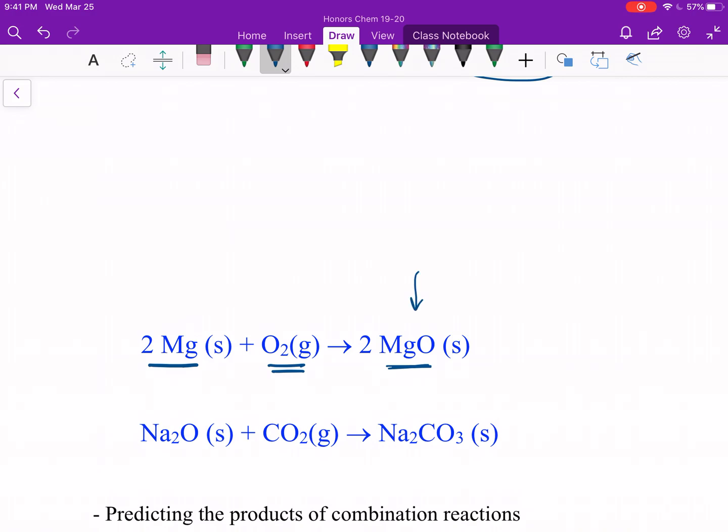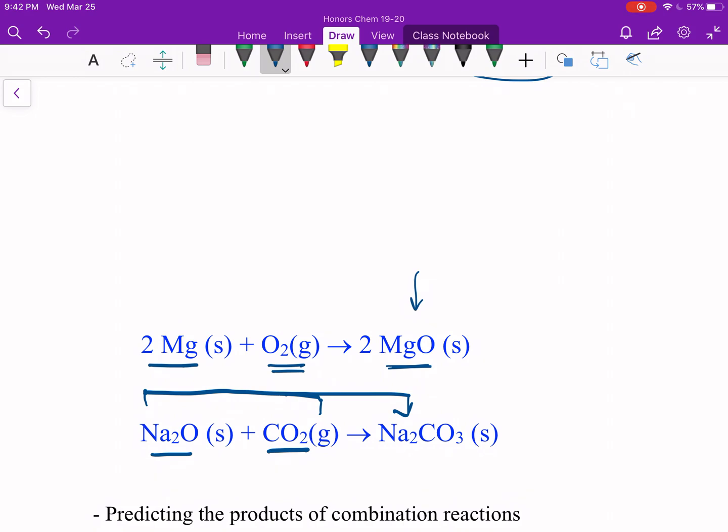Now, combination reactions aren't just limited to elements being reacted. Here's another example where two compounds are reacted, and when they react they form another compound. Basically we're taking them and merging them together. That's the basic gist.